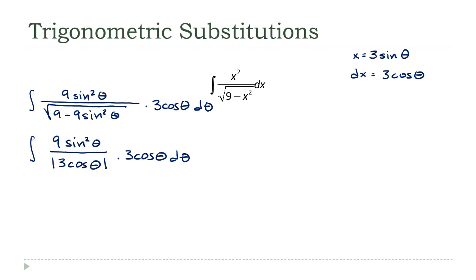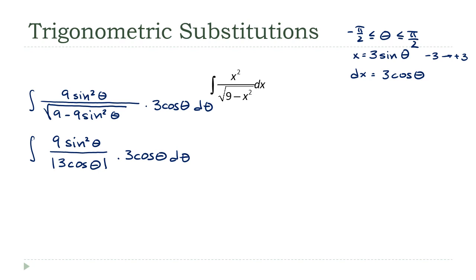I'm going to restrict theta to being between negative pi over 2 and pi over 2, and that's fine. If I do that, x goes from negative 3 up to positive 3, and that's the domain of this thing. Those are all the possible x values that I could put into this integrand anyway. So I'm perfectly good with that.